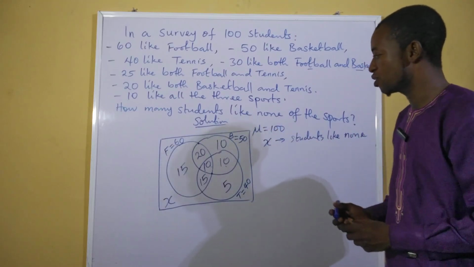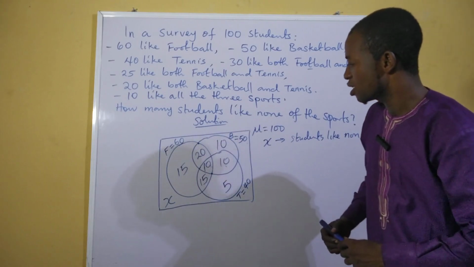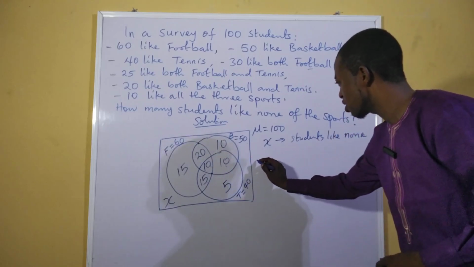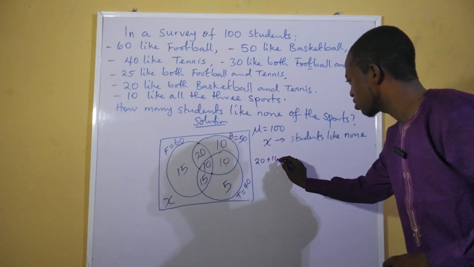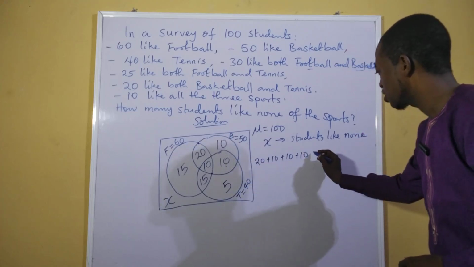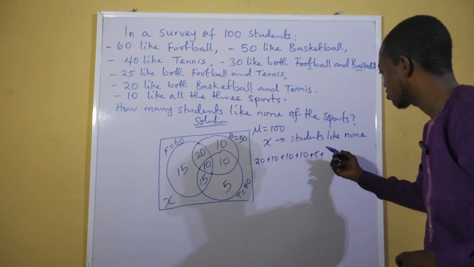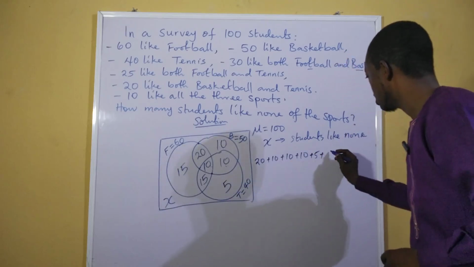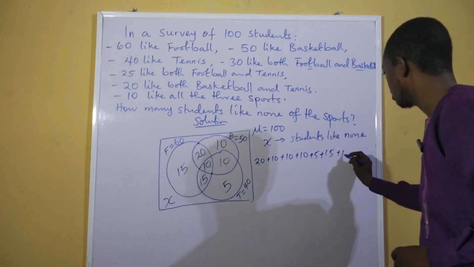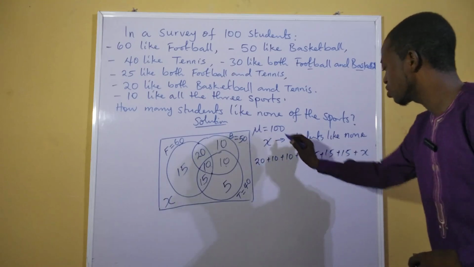So we can write 20 plus 10 plus 10 plus 10, we have 10 three times there, plus 5, plus 15, then plus 15 again, plus X should add up to 100, which is the universal set.